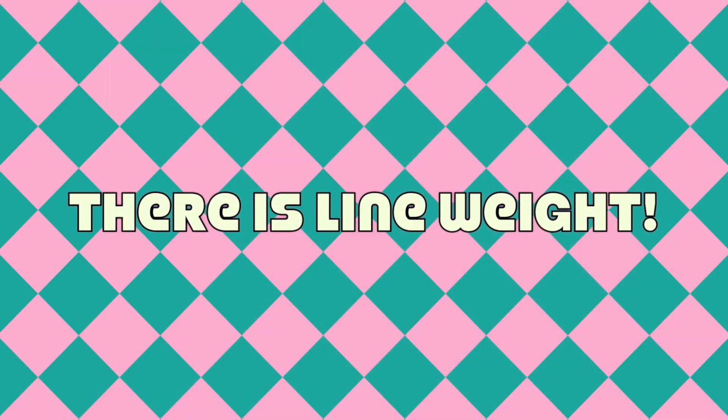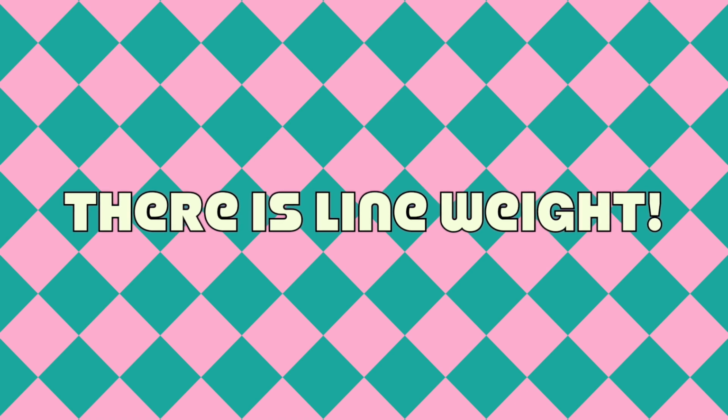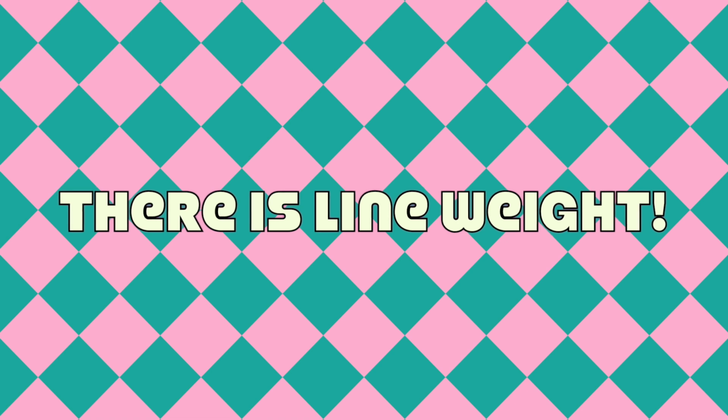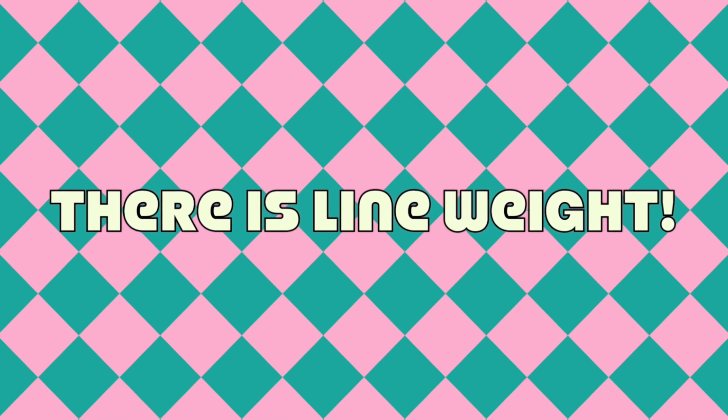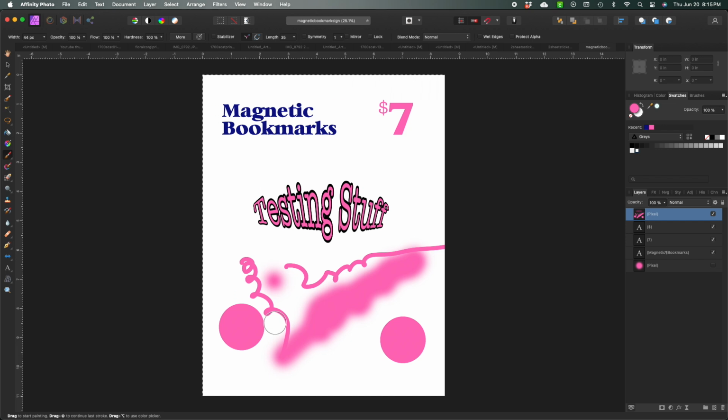Correction, there is line weight. I just didn't have the proper button depressed. So please forgive me because I'm still learning this program, but I still recommend it. And now back to the video in progress. So I do not use this program to paint. I mainly use it as a utility for making signs, printing things, and all that other stuff I said before.